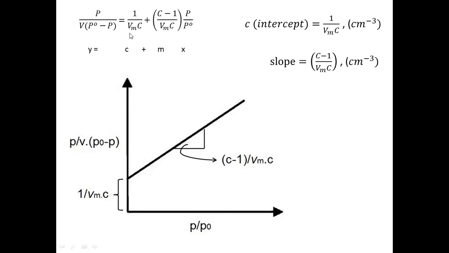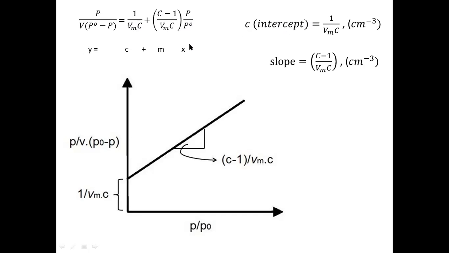That's why this whole factor 1 over VmC is called the constant, and that is called the intercept, because this is the y equals mx form. And this is again a constant, C minus 1 over VmC, all these are constants. That's why this is called the m.